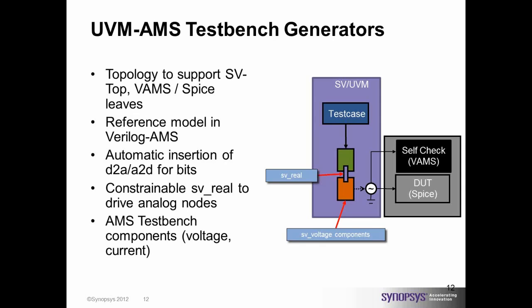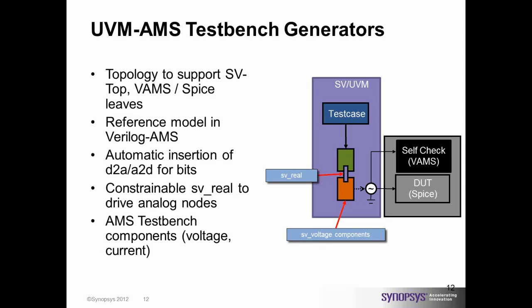And all these components which are supposed to drive them are extended from a base class library of UVM-AMS or SV-AMS, and that's why they are called SV voltage components or SV-AMS voltage components. Depending upon choice of methodology, these components align to that particular methodology.